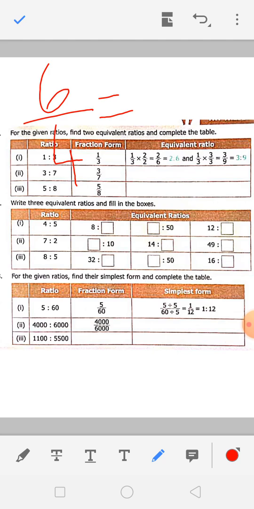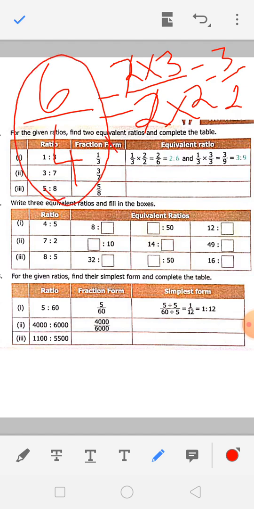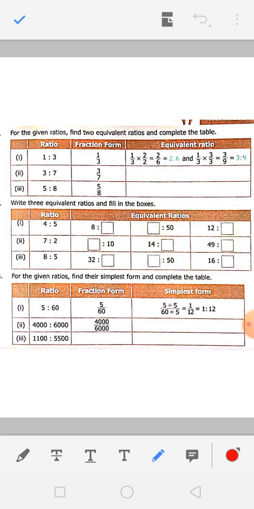Second table, 2 3s are 6, correct? Divided by 4, the 2 table, 2 2s are 4. So this is correct, the 2 cancels. I can write 3 by 2. So I just write 6 by 4 as 3 by 2. Is it okay? So listen.